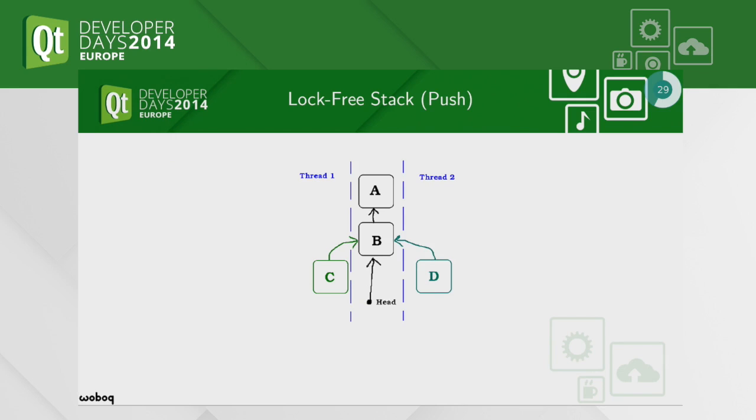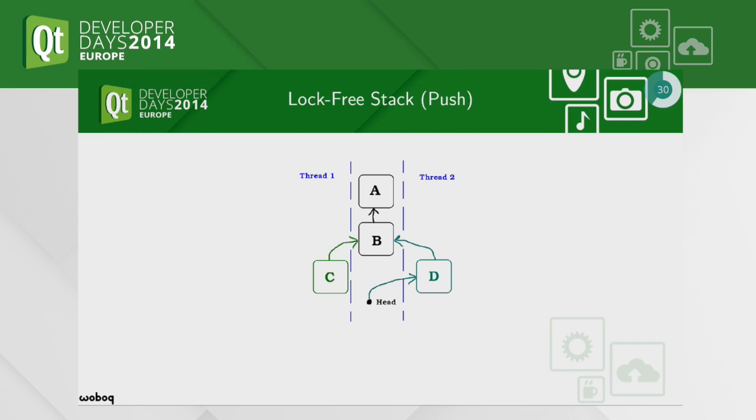It's important that it's atomic, because imagine if you have 2 threads, they both want to push a node in the list. So both of them are going to atomically change head from B to their node.